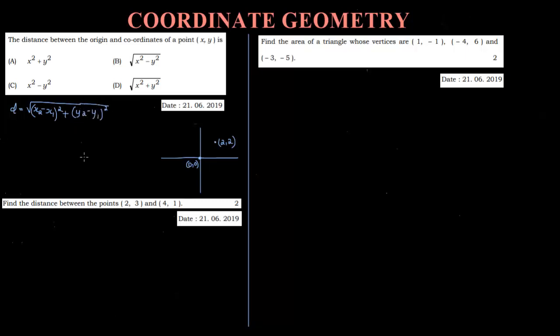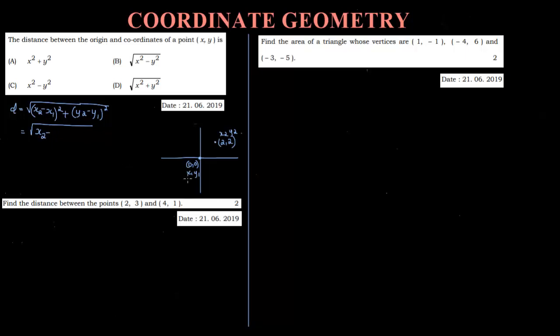So this is the formula to find the distance. Let me take this as x1, y1, and let it be x2, y2. If I am not substituting the value of x2, I am just keeping it as it is, and I am going to substitute x1.